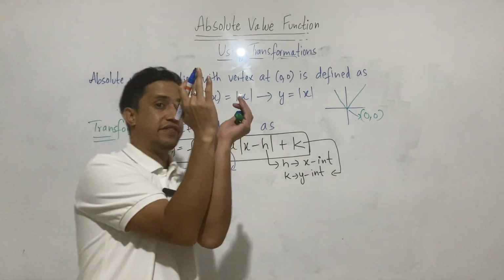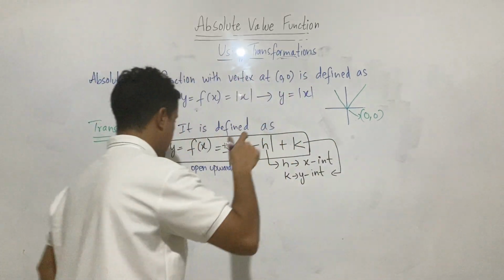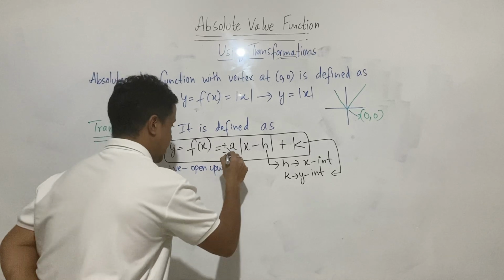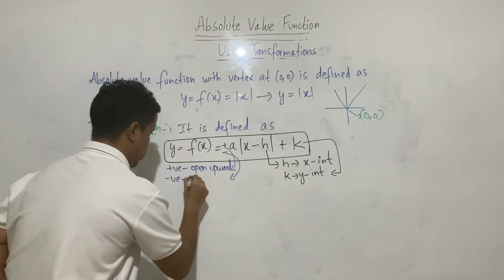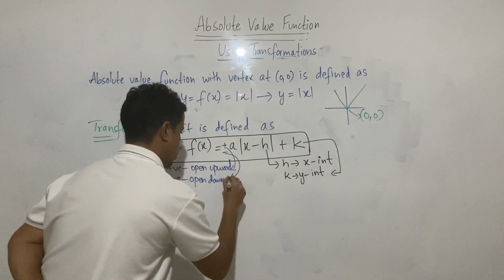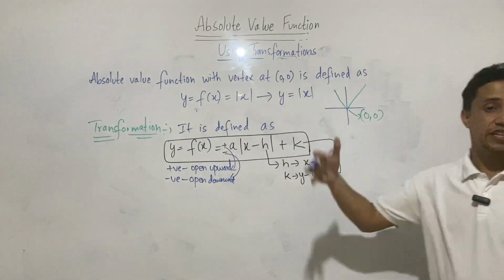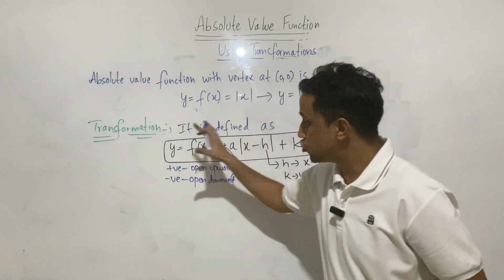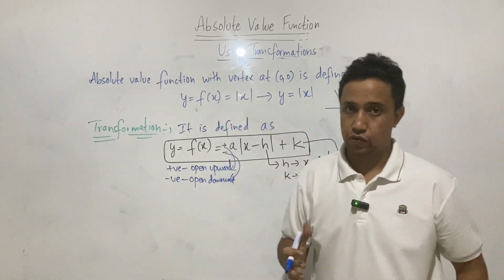If positive, it will open upward like V, right? And if it is negative, it will open downward, okay. Now we will treat it case by case, because I don't want to put in everything, and I'm sure then you will get confused, okay.